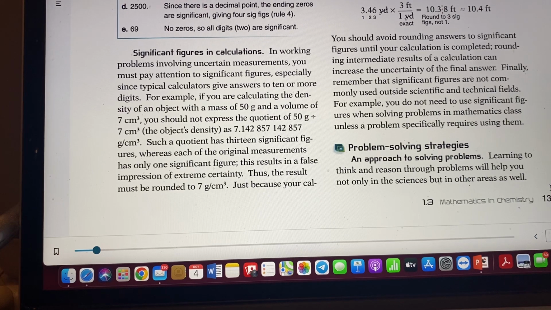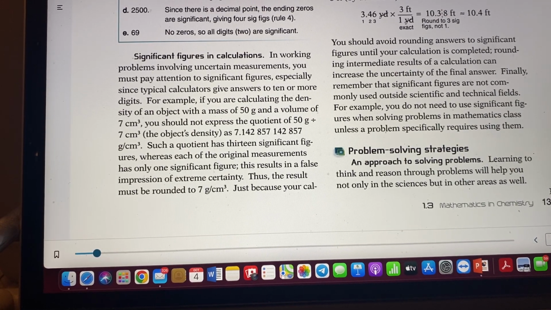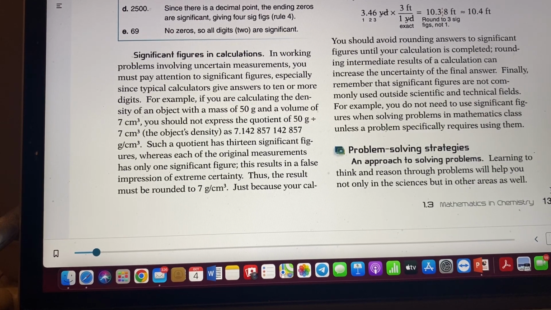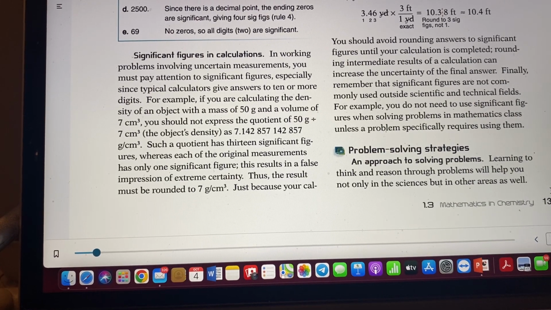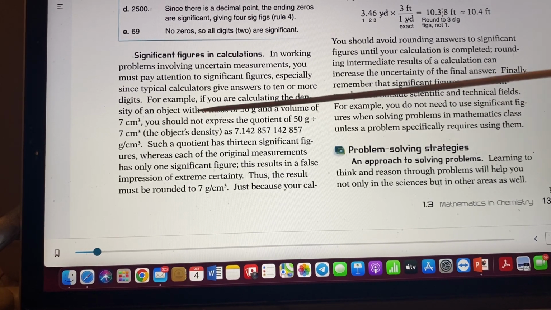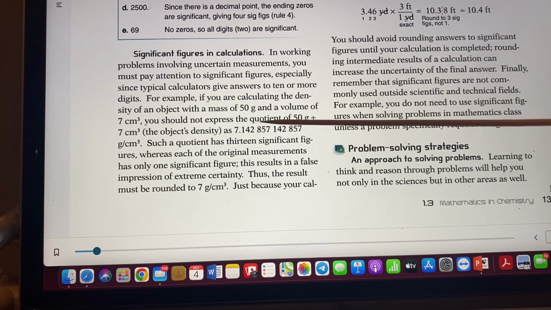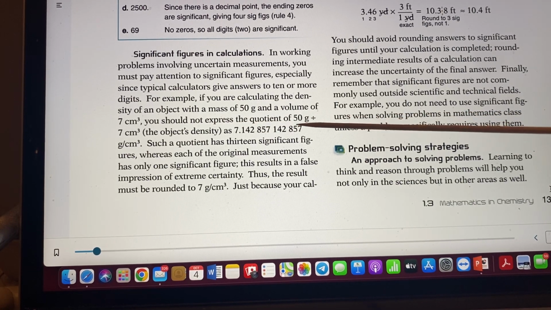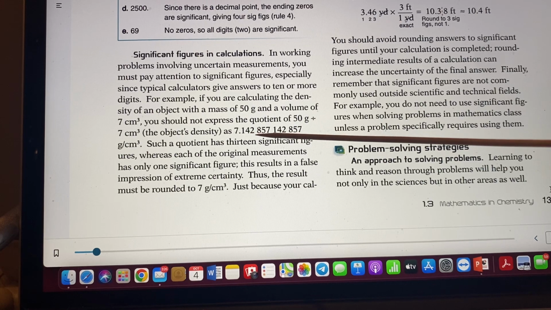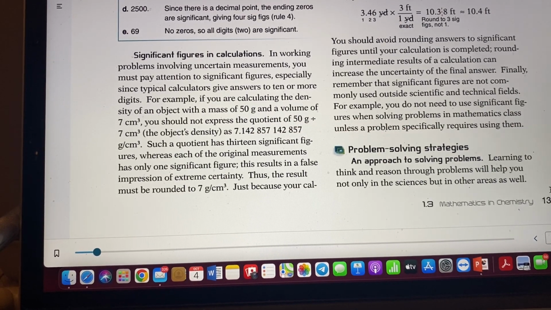So, sig figs in calculations. Now we have to figure out, when you calculate everything out, where do you need to round? For example, if you're calculating the density of an object with a mass of 50 grams and a volume of 7 cubic meters, then you should not express the quotient as 7.142857 on your calculator.